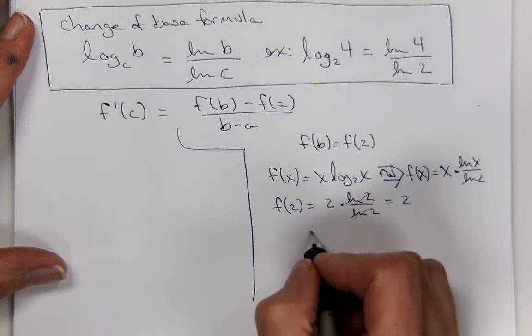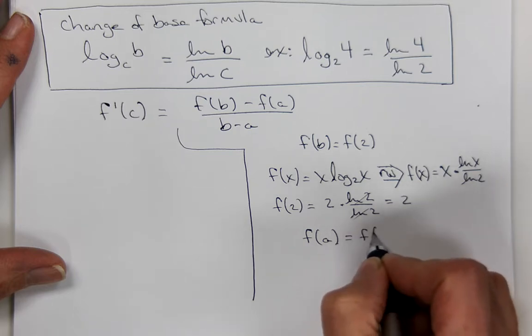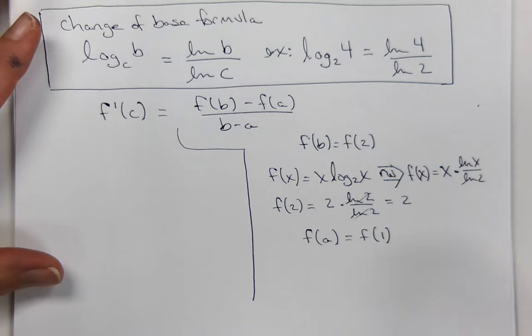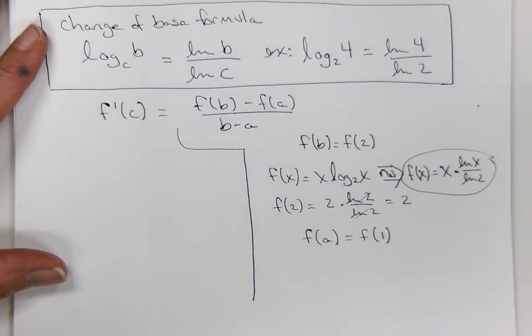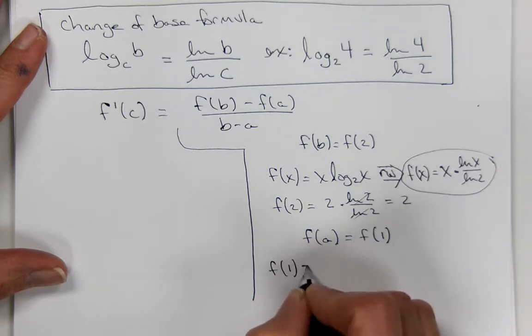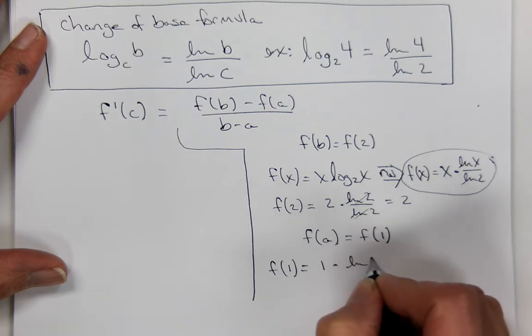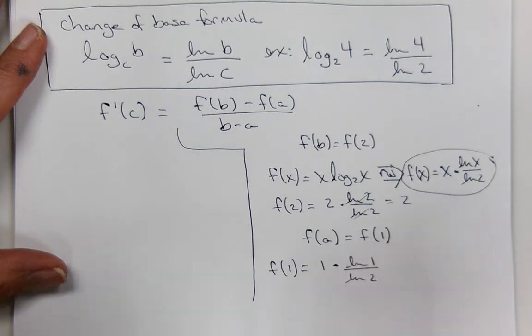And now for f of A. F of A is the function evaluated at our left endpoint of our interval, which is 1. So we will plug 1 right back in here. F of 1 is equal to 1 in place of x times natural log of 1 in place of x over natural log of 2.